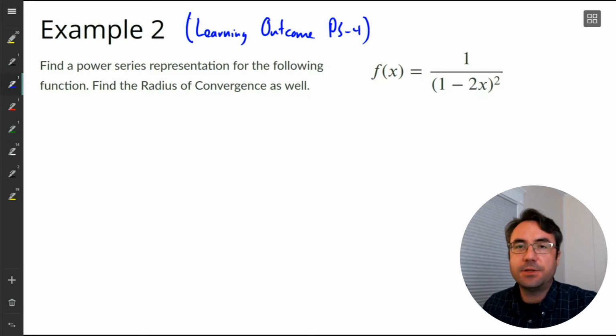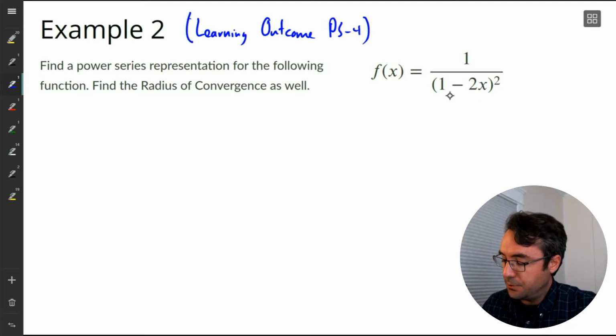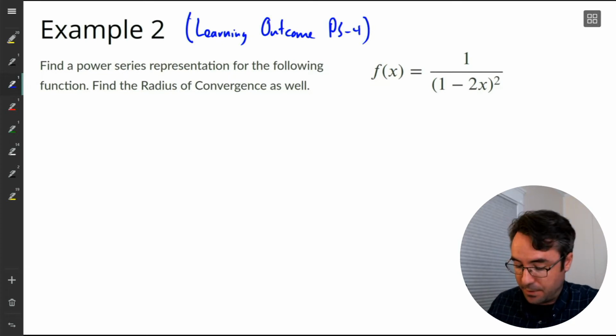Again, we're thinking back to that prototype form, 1 over 1 minus x. And so we also have some calculus techniques that allow us to kind of convert this in some way into that prototype form.